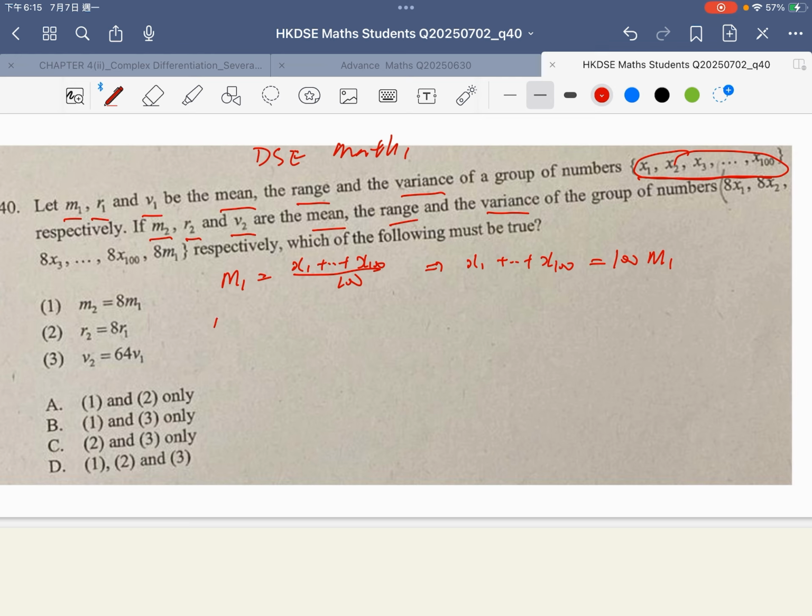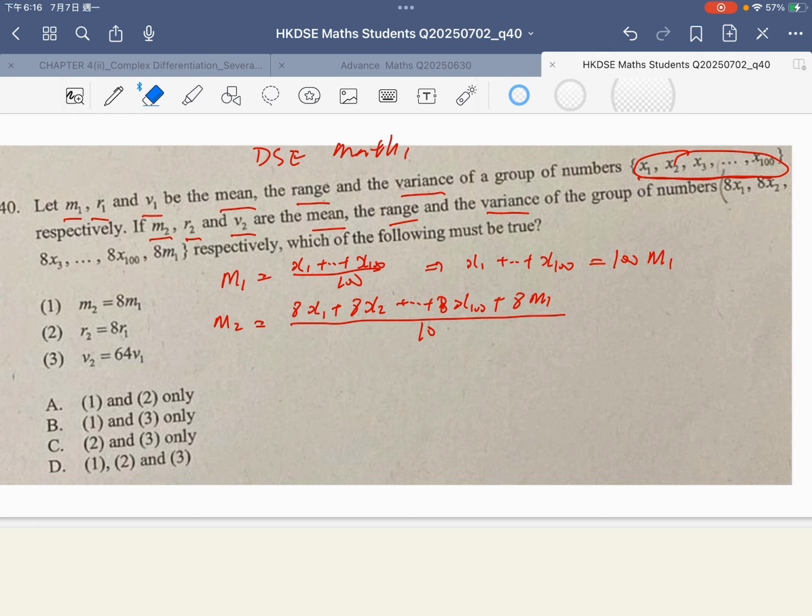And then M2 should be equal to x times x1 plus x times x2 to x times x100, and add an extra term x times M1, over. There are 101 data, therefore it is over 101.